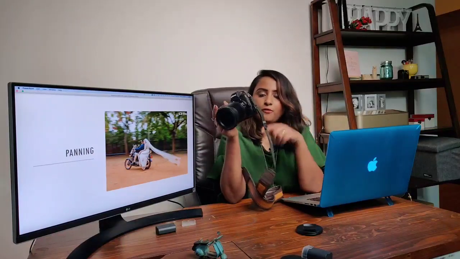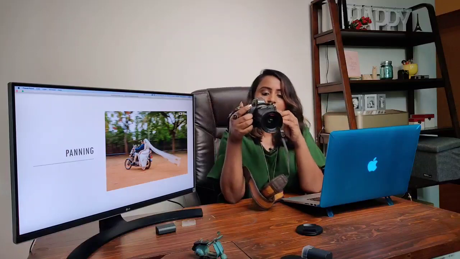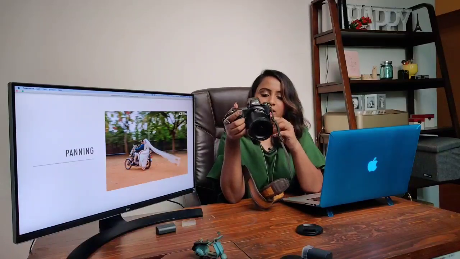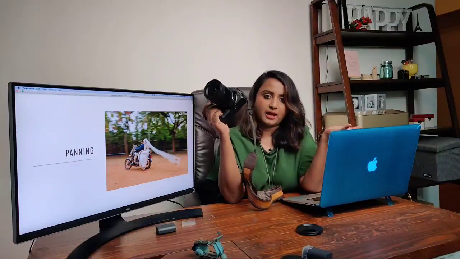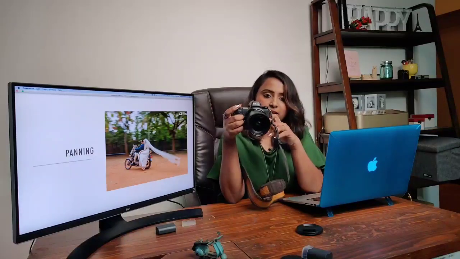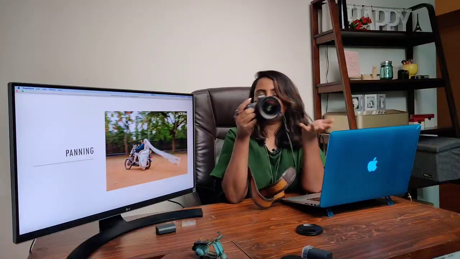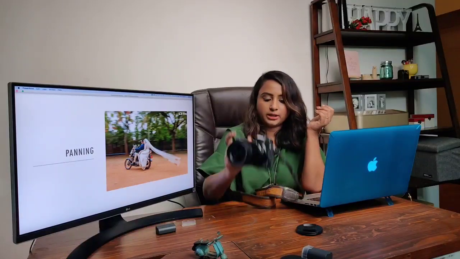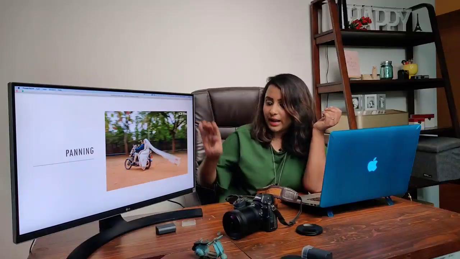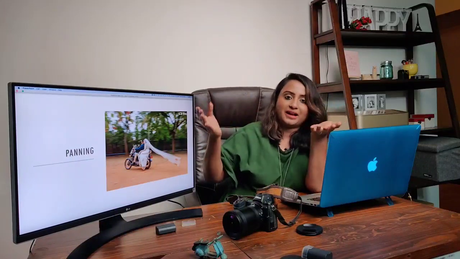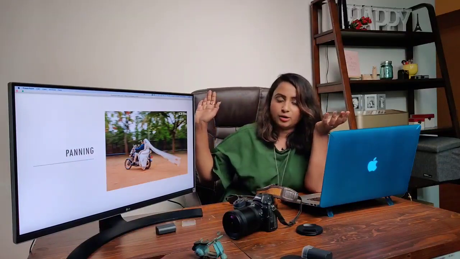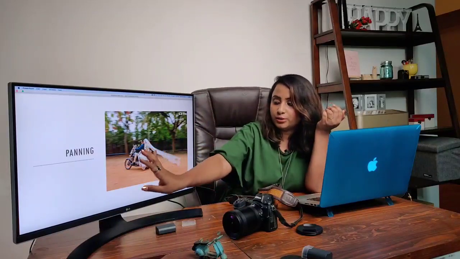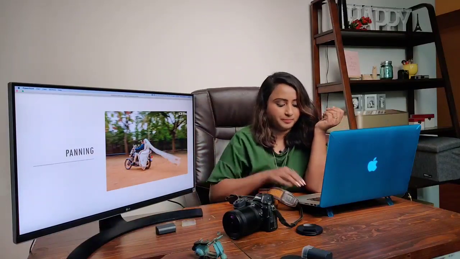How you do that is you change your focus mode to one that continuously tracks your subject, something like AI Servo in Canon or AF-C in Nikon. While continuously tracking your subject, you move along with it and press the shutter. That way the background looks like that swift motion, and you get the subject pretty sharp.